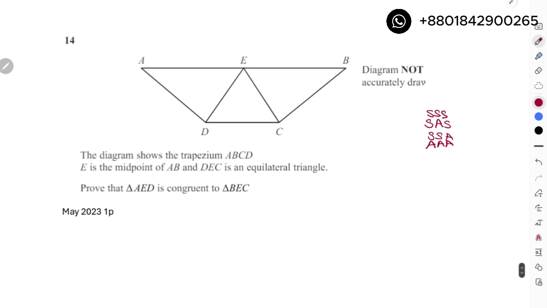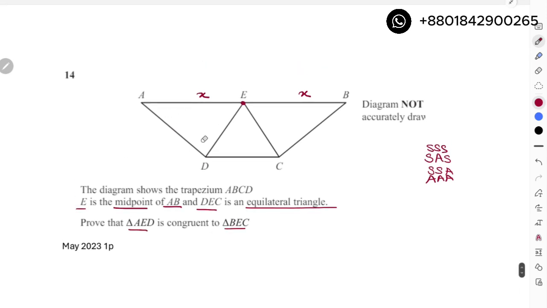Over here they have already given that E is the midpoint of AB. So E is the midpoint of AB means what? If AB is 2x, AE and EB are going to be x and x, right? This is x and x. And then again, EDC is an equilateral triangle, and we have to prove that AED is congruent to BEC.